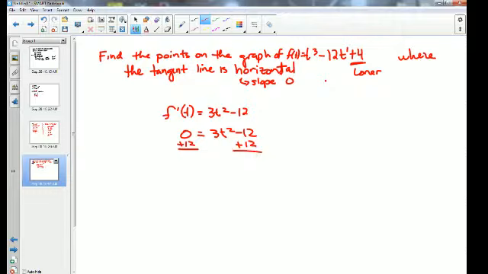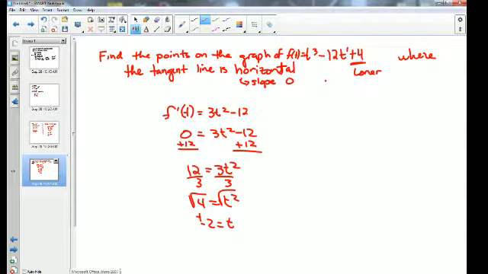Okay, let me do this algebra-like. Right, add 12. Now divide by 3. What is that? t squared. Now what? Square root, right? Positive or negative 2 is t. Derivatives.